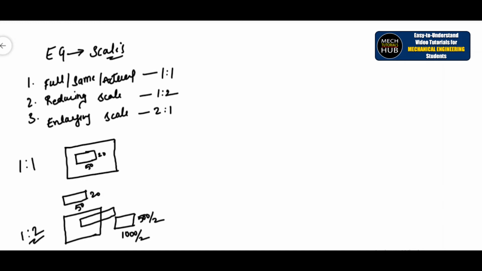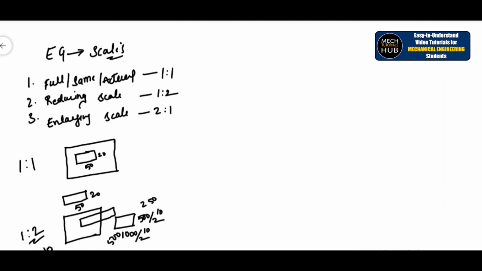If you want to further reduce the scale to, for example, 1:10, then this 500 is divided by 10, and 1000 divided by 10. So that value will be considered to draw here, okay. Now if it is divided by 2, the dimension is 500 by 250 mm, which we need to consider in the case of the 1:2 ratio, okay.